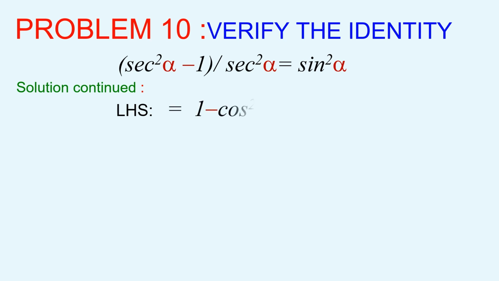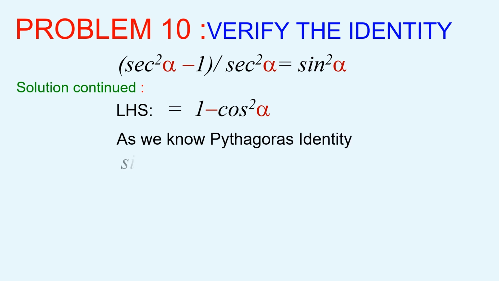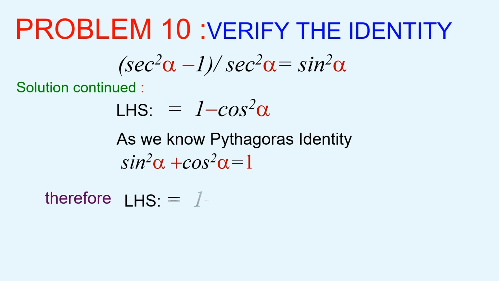Simplifying it, we get left hand side equals 1 minus square of cosine of alpha. As we know Pythagoras' identity, square of sine of alpha plus square of cosine of alpha equals 1, we get the required result.